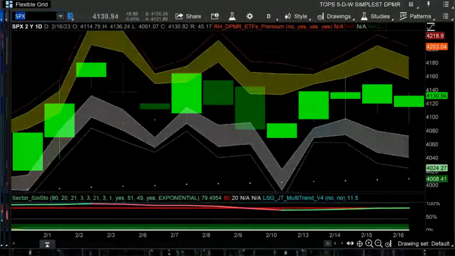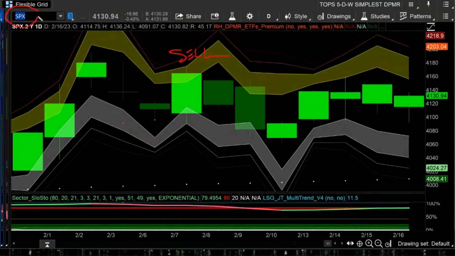So here is the SPX, and a lot of folks ask, Rog, what about selling premium? That's very popular with the SPX. So let me ask you, if you knew that after a run up into this area right here, there was a higher probability of exhaustion, what's your edge here?